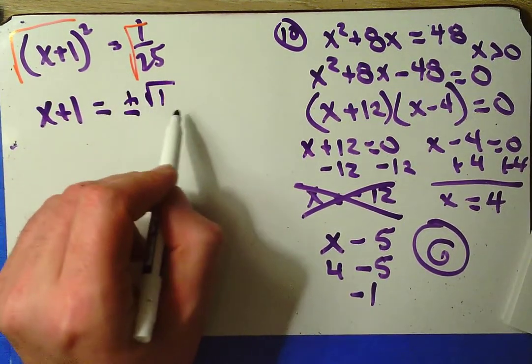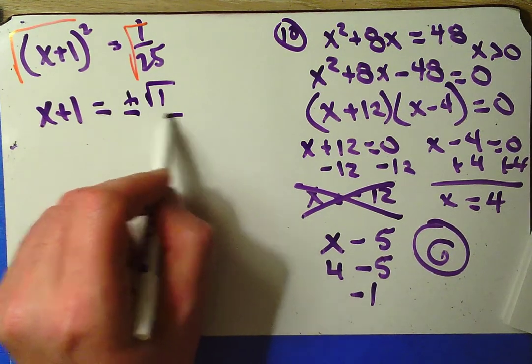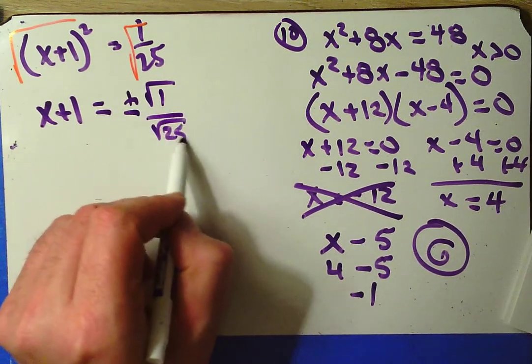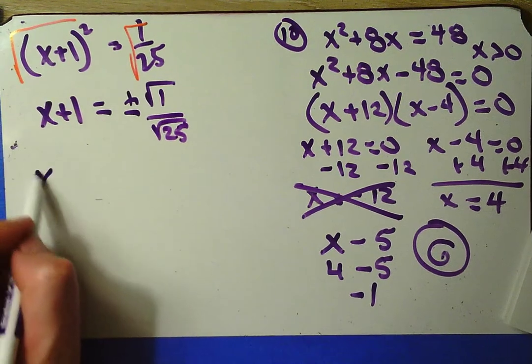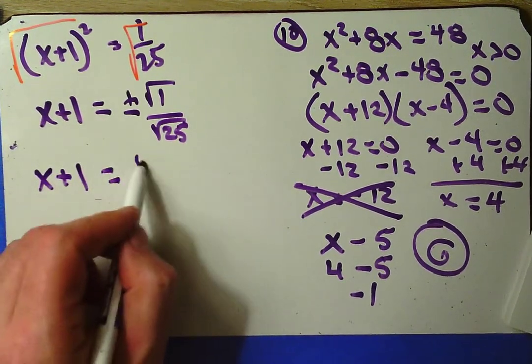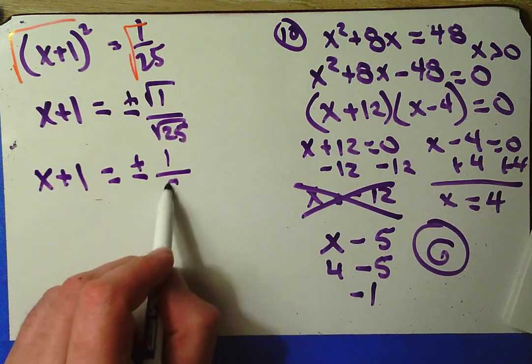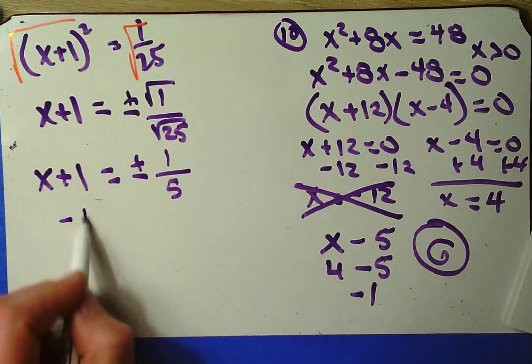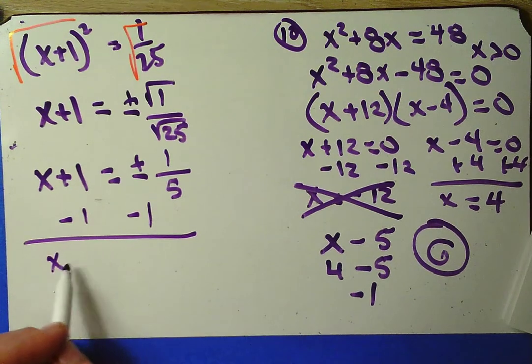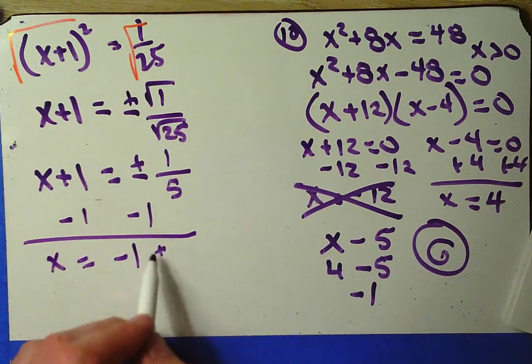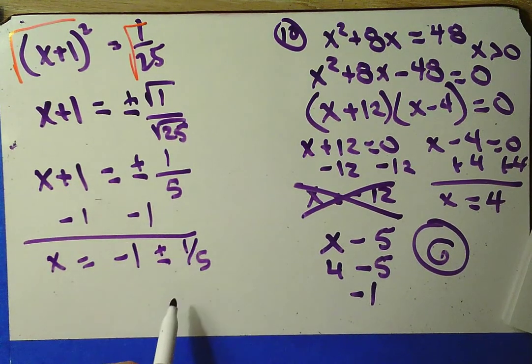And if you're not sure what the square root of 1 over 25 is, why not split this up into two radicals? You'll get x plus 1 equals plus and minus. Square root of 1 is 1. Square root of 25 is 5. And then when you subtract 1 from both sides, you'll have x equals negative 1 plus or minus 1/5.